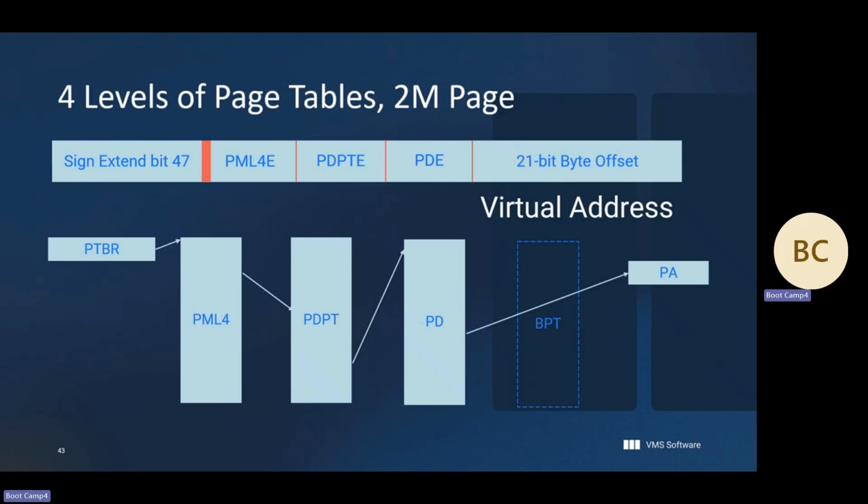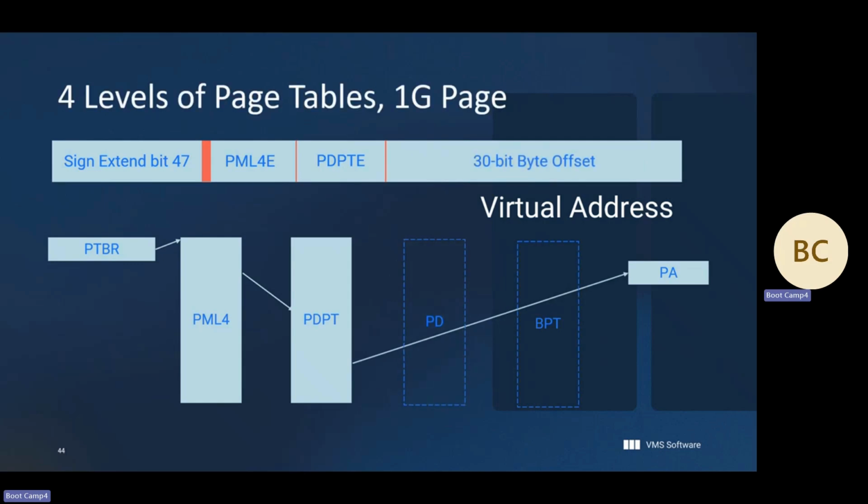So it has to be virtually and physically contiguous. We are, yes. But wait, there's more. You can have a gigabyte page. We are not using that at this time, but it's the same idea.